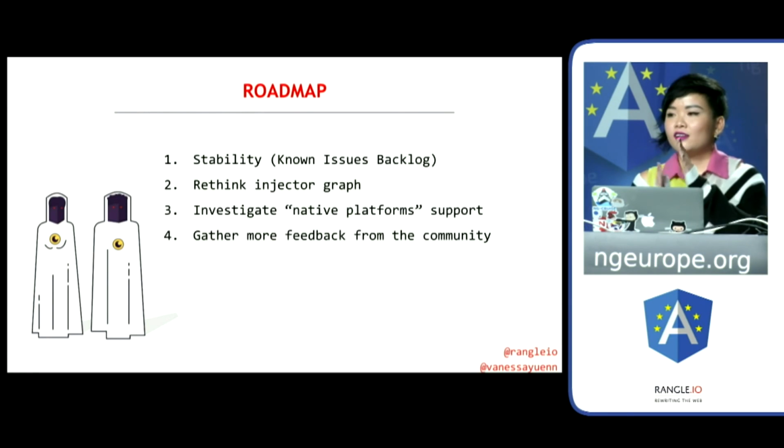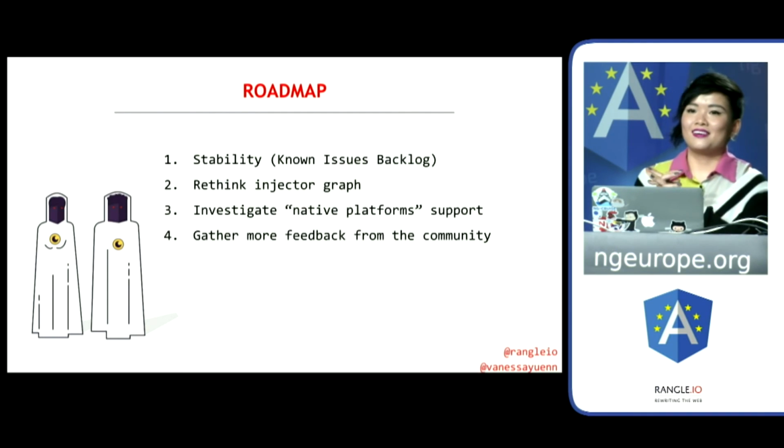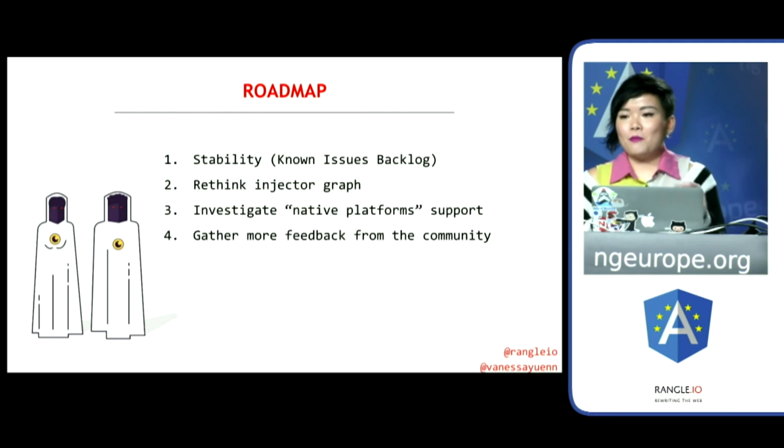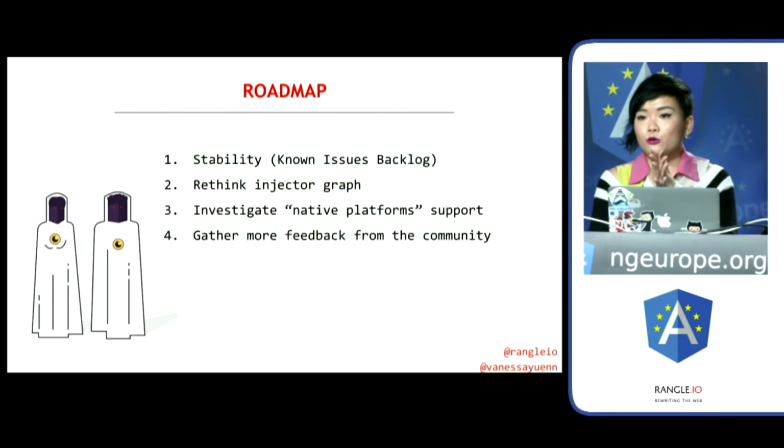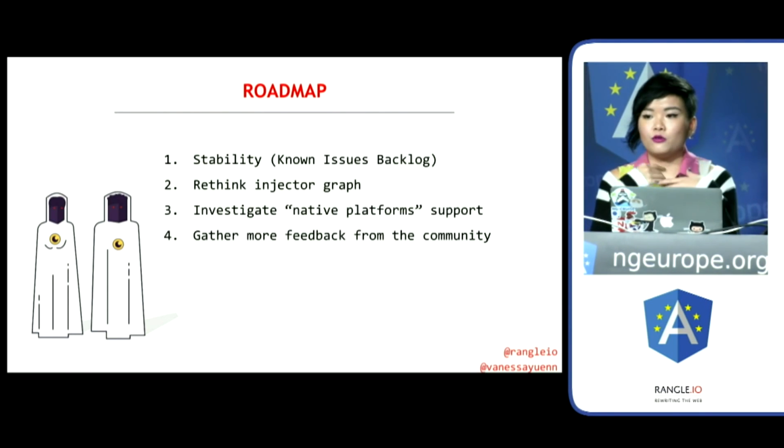For example, Thorsten wrote a really good article on how to use Augury with Electron. So if you're developing an Angular 2 app for desktop, then you can definitely make use of Augury.